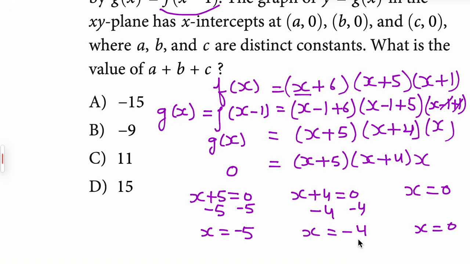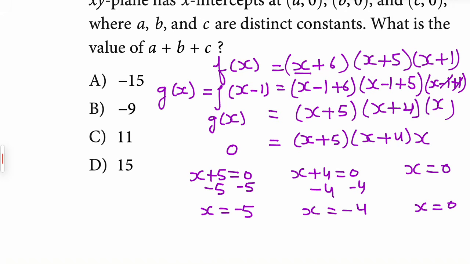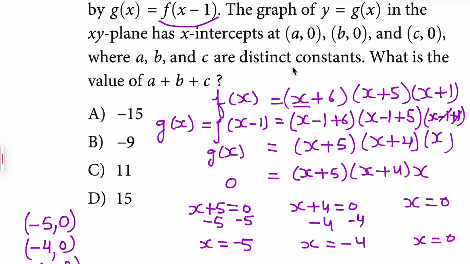Okay. Now because these are x-intercepts, I can write them as coordinates. When the x-intercept is negative 5, coordinates are negative 5 and 0. When the x-intercept is negative 4, coordinates are negative 4 and 0. And when the x-intercept is 0, 0 and 0 are the coordinates. These are the 3 points which are on the x-axis. Okay. So if I see the question, x-intercepts are a, 0, b, 0 and c, 0.